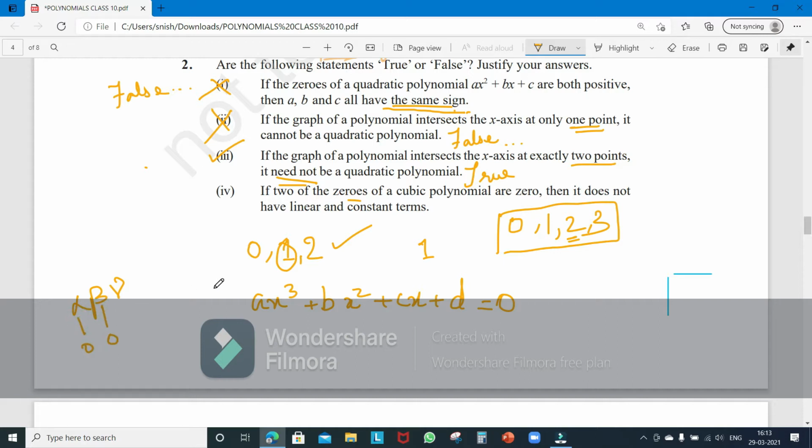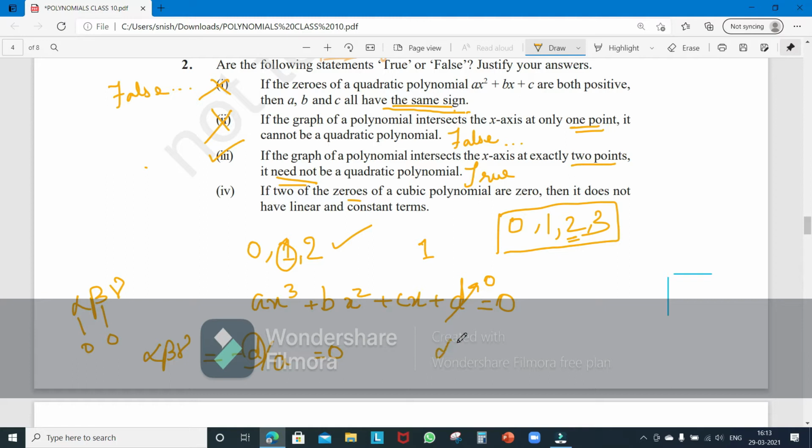Gamma is just gamma. Now if I take the product of the roots, alpha into beta into gamma, it will be minus d by a, right? But then alpha beta gamma comes out to be 0, so we get to know that d is 0. The value of d becomes 0.